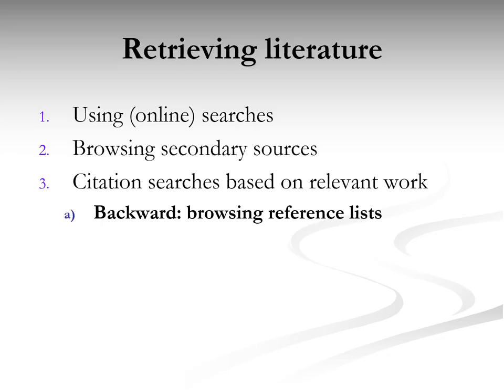So you look at what other studies this study refers to, and probably studies will be referred to that are relevant for your systematic review as well. You can also do a forward search, which means that you look at who or what other papers cite this relevant study.